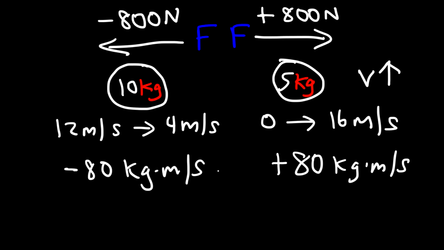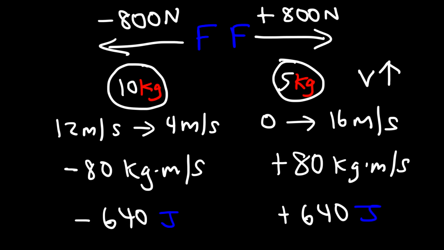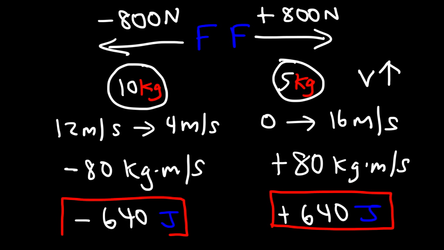At the same time, the 5 kilogram ball gained 640 joules of kinetic energy, while the 10 kilogram ball lost 640 joules of kinetic energy. And so this really helps us to see how forces act on two interacting objects. These forces are equal but opposite in magnitude, and they can cause the kinetic energy of one object to increase by decreasing the kinetic energy of the other object.